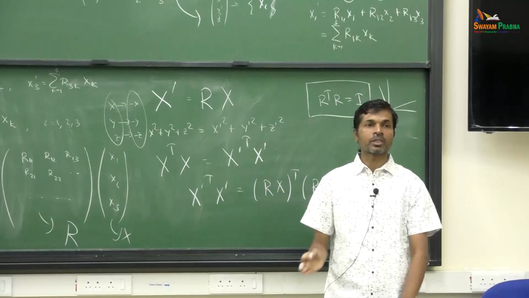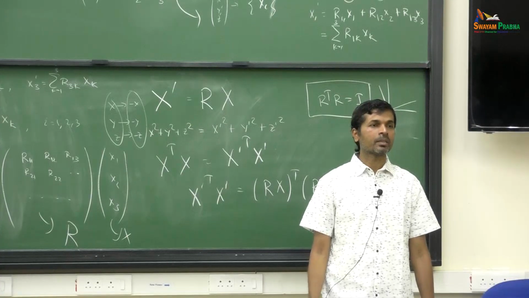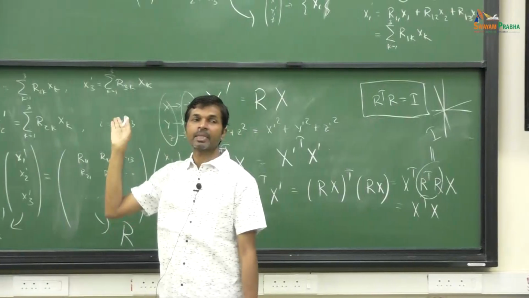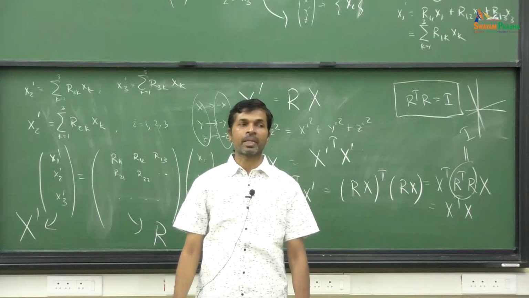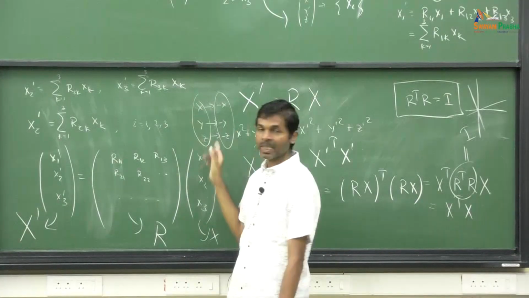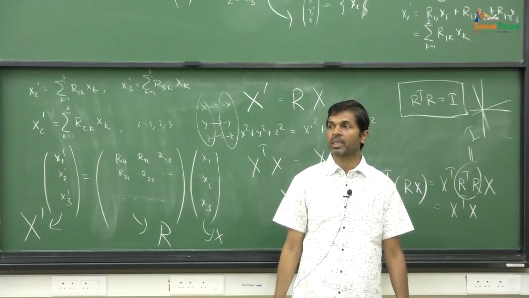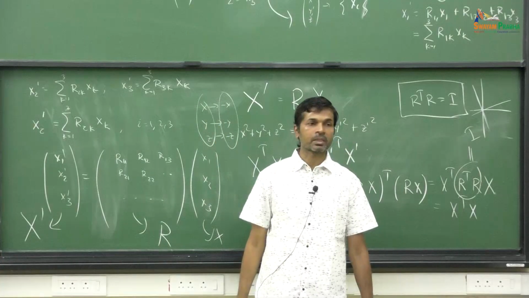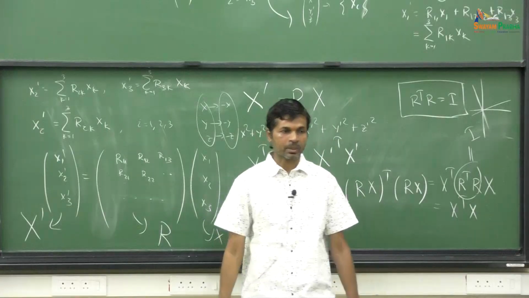Rotation is a continuous transformation. You can just consider a parameter, and from identity you can change this parameter slowly. You can obtain any finite rotation. But this is a discrete transformation. There is no continuous parameter associated with it which you can slowly change to obtain this. So that is the most important difference.